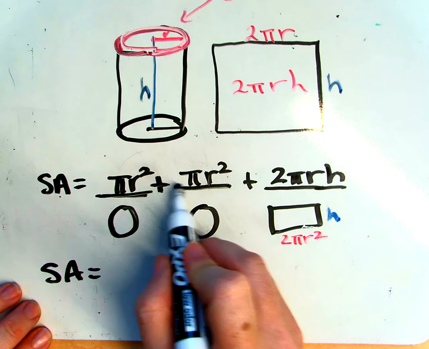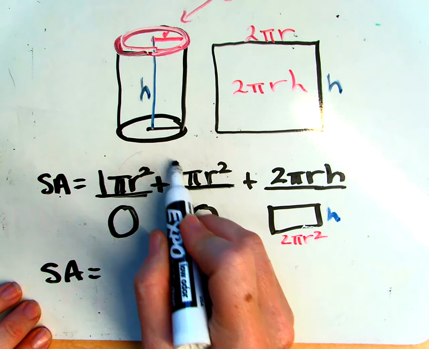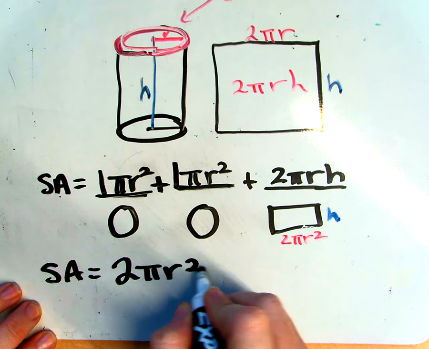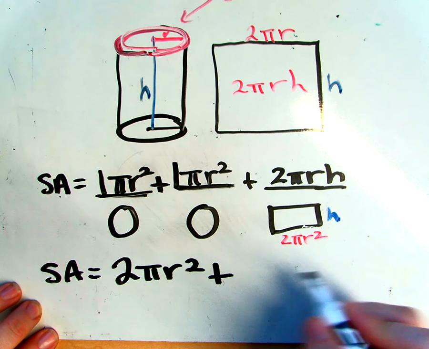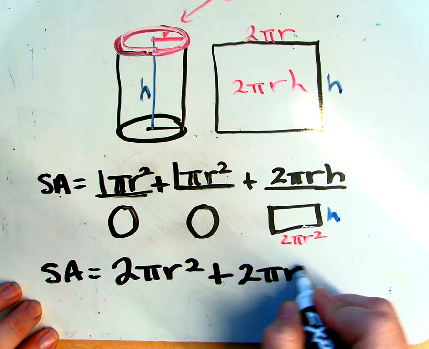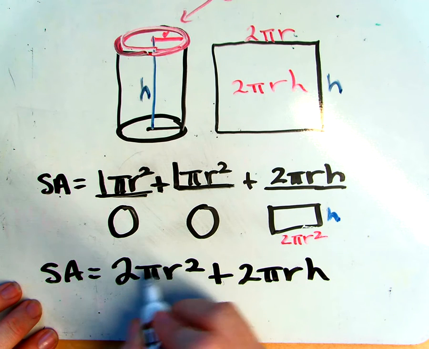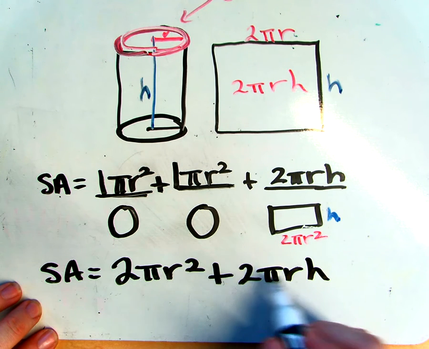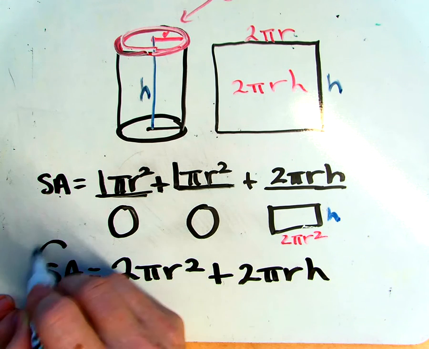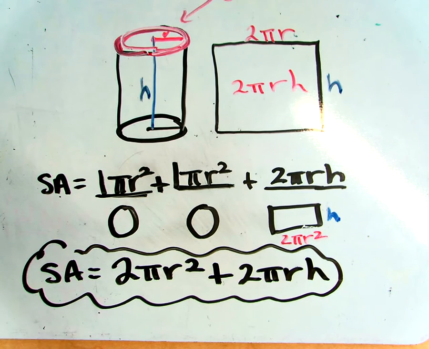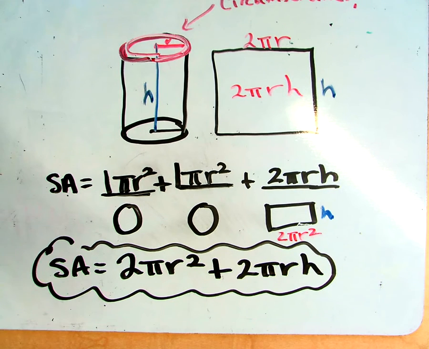That is pi r squared plus pi r squared, so one of these plus one of these means I have 2 pi r squared plus 2 pi r times the height, where this is the top and bottom, and this is all the outside stuff. So here's my formula.